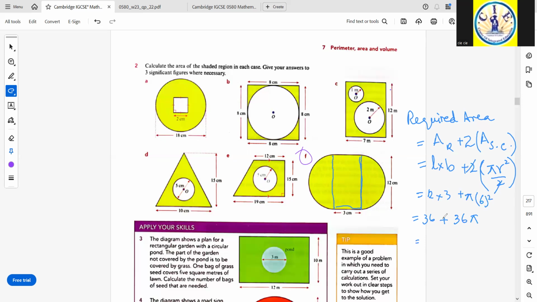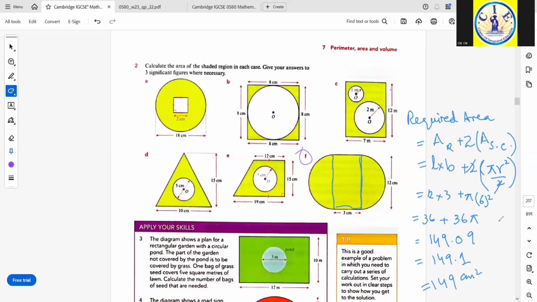This is 36 plus 36 times pi. So this is 149 centimeter squared, giving the answer to three significant figures as was required.